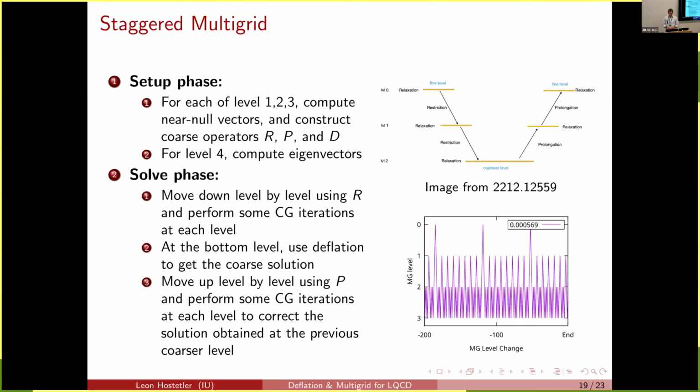We need to construct these coarse operators, and at the coarse level we do deflation, so we need eigenvectors for that. That comprises the setup phase. Then in the solve phase, when we're running the actual solver, it jumps up and down between the different levels using those coarse operators that we constructed.